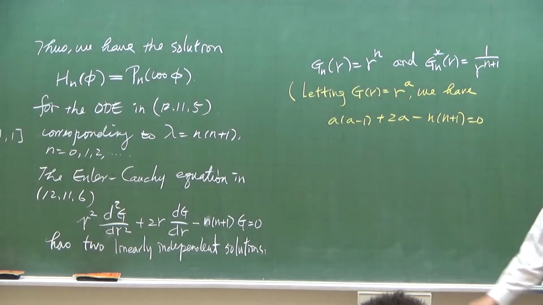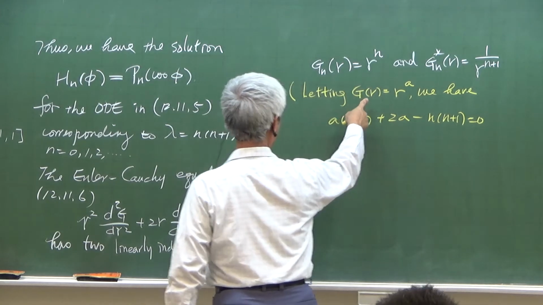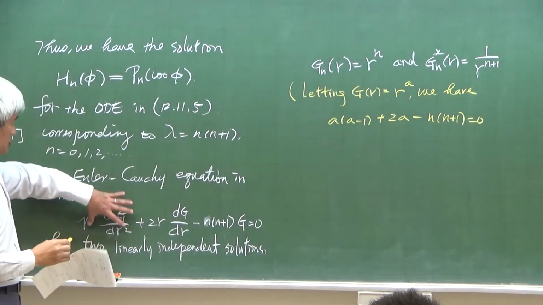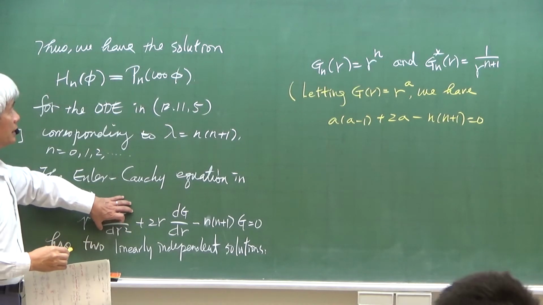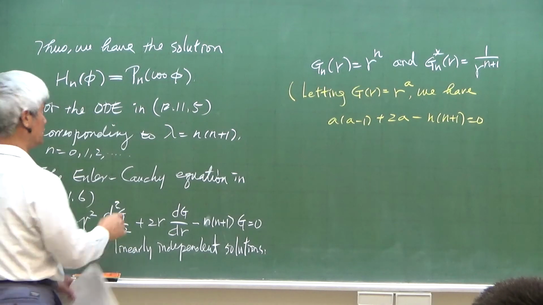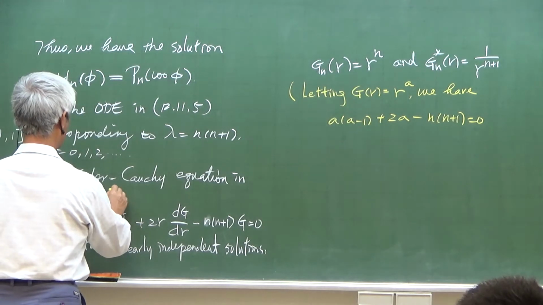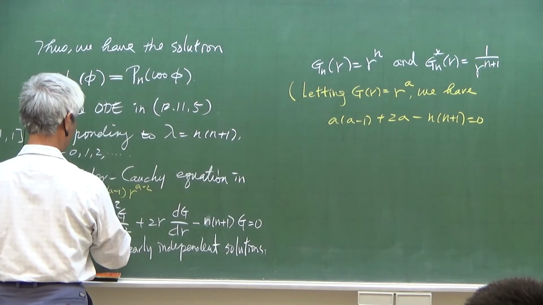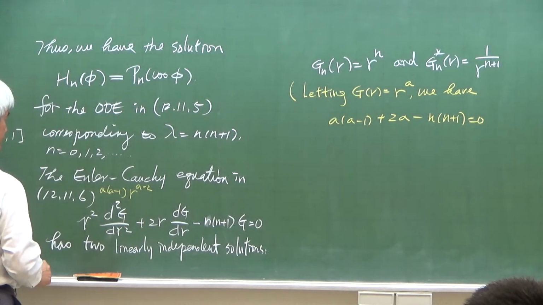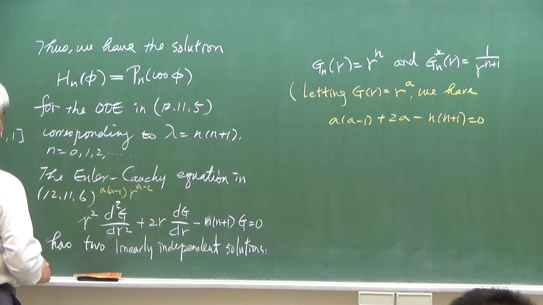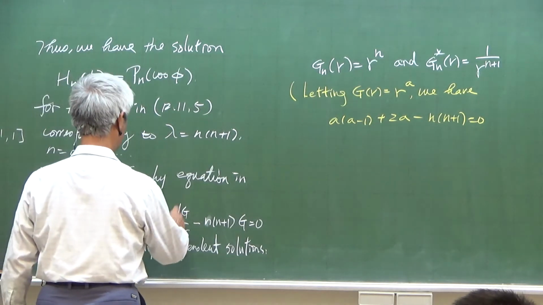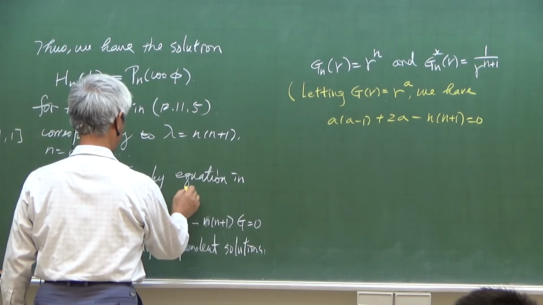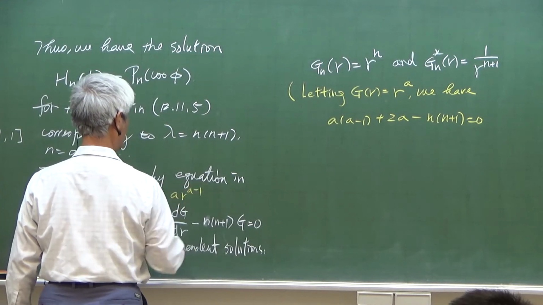Because when we try this kind of solution in the Euler-Cauchy equation, we have a minus 1 and a minus 2 from here, and so here we have a or a minus 1.